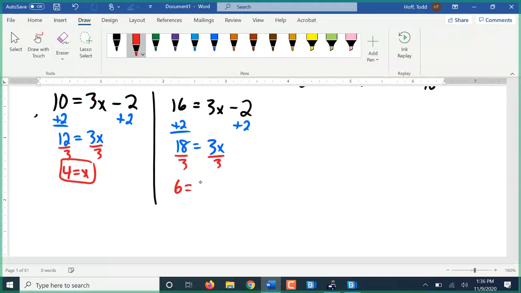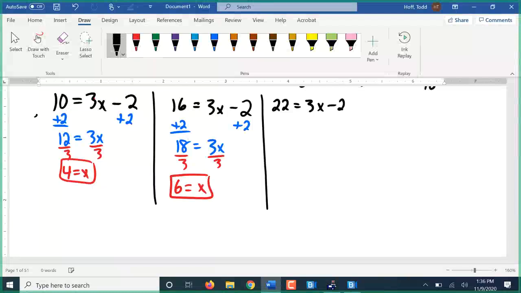Get 6 equals x. Or I might have 22 equals 3x minus 2. Again, to solve that, I'm going to add 2 to both sides. 24 equals 3x. And I'm going to divide by 3 to get 8 equals x.